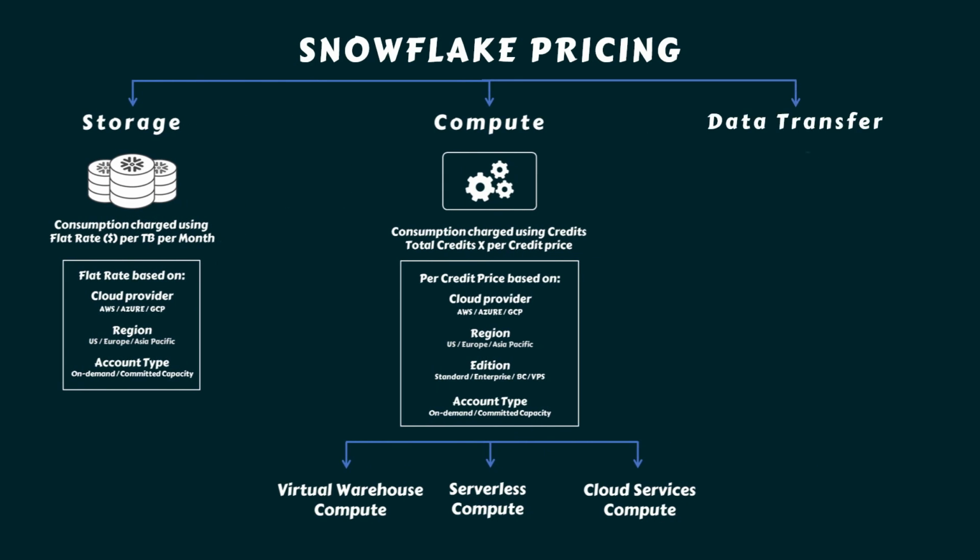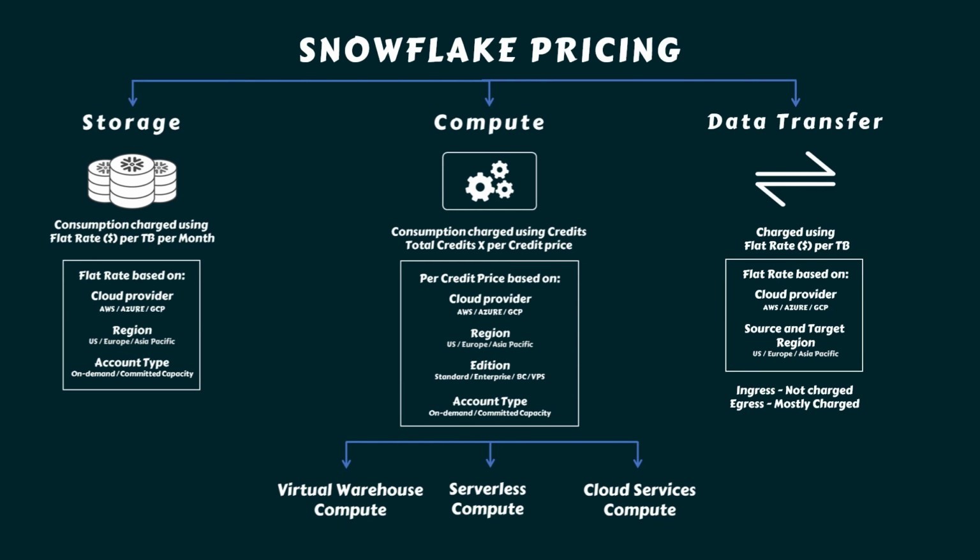Besides these 2 primary billing categories, customers who need to move or copy their data between regions or clouds will incur data transfer charges. These charges are applied at a flat rate per terabyte of transferred data. The process of moving data into Snowflake is called ingress, and out of Snowflake is egress. With that said, Snowflake does not charge data ingress fees.